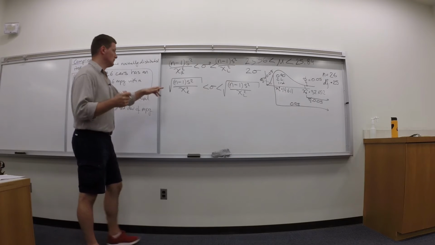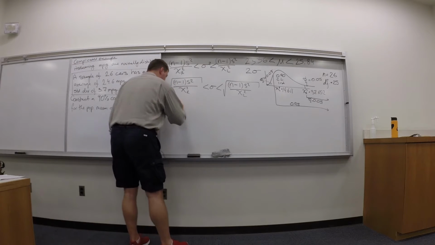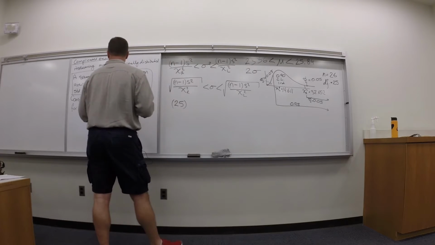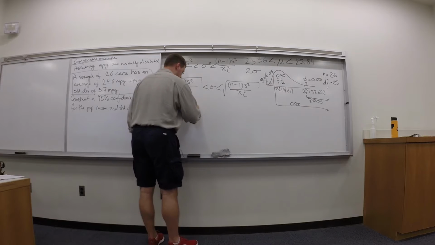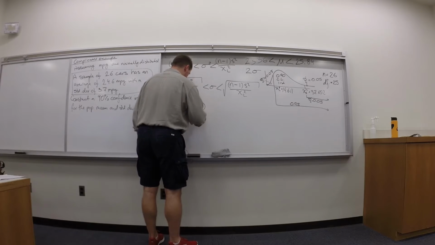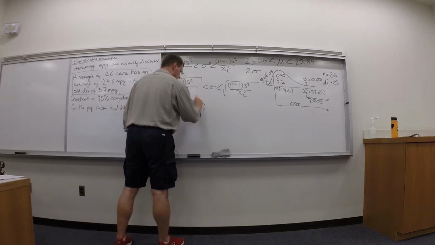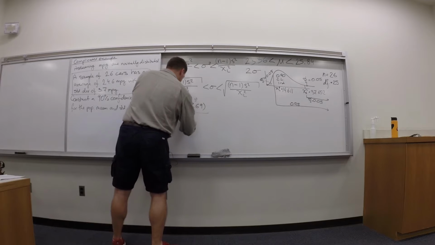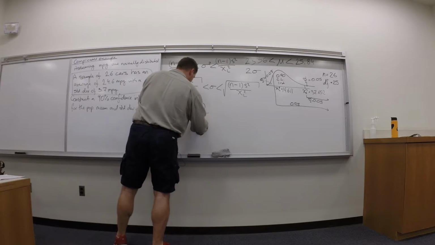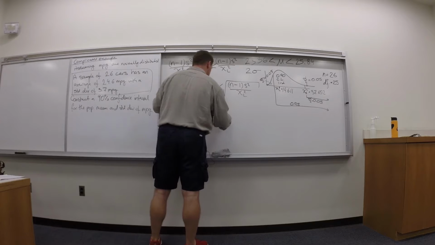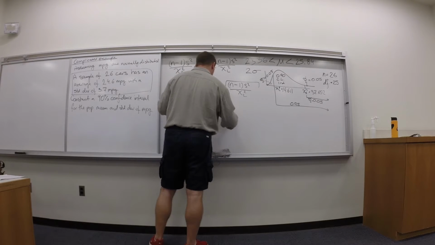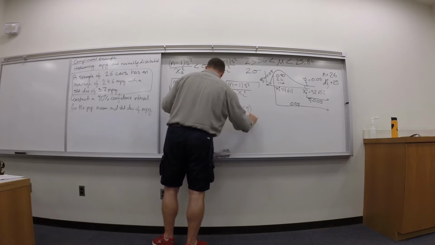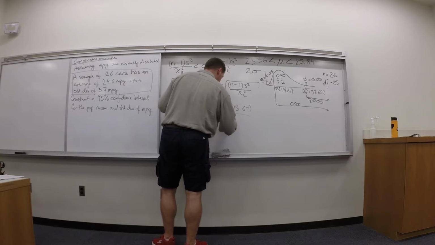so let's plug it in. 26 minus 1, 25, times s squared, 13.69. Okay, that's s squared. Divided by 37.652. That's less than 25 times 13.69 divided by 14.611.